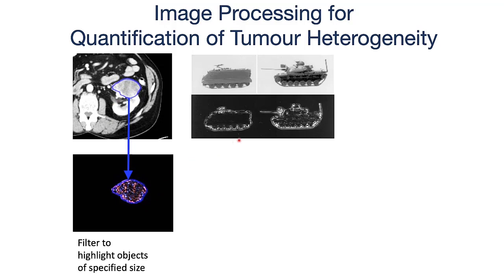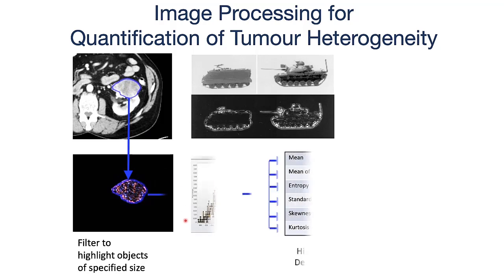Now, this filter is one that was developed at the University of Sussex for identifying military targets on complex backgrounds, which, in other words, the battlefield. And it was discovered that the computer could discriminate the targets more effectively by filtering the image to highlight coarse features. And it is the same filter, in this case, that has been used to highlight specific features within the renal cancer.